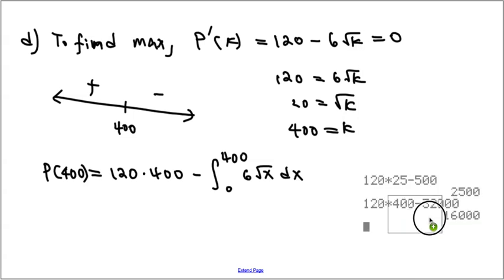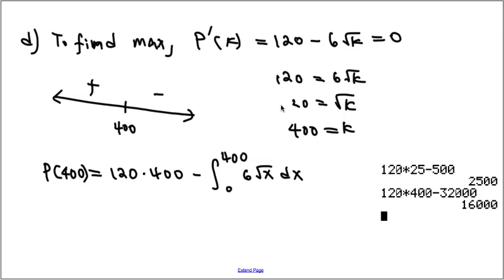Then we get 16,000 as our answer, in dollars. That becomes the maximum profit when the length becomes 400 feet. All right, that's it. I'll see you later.